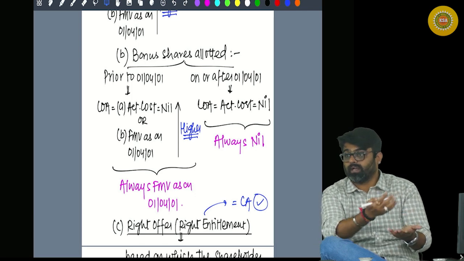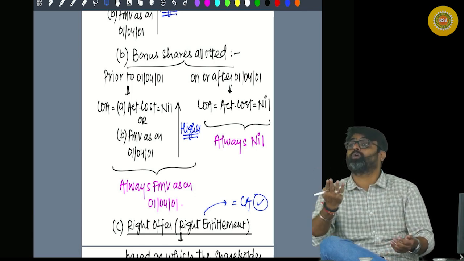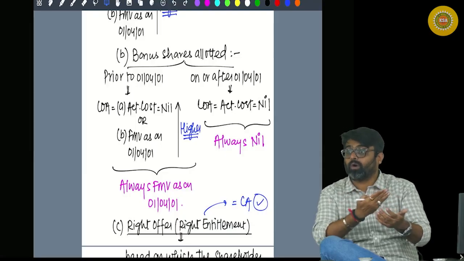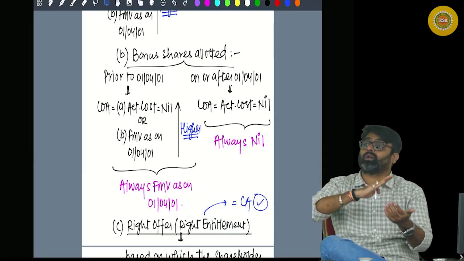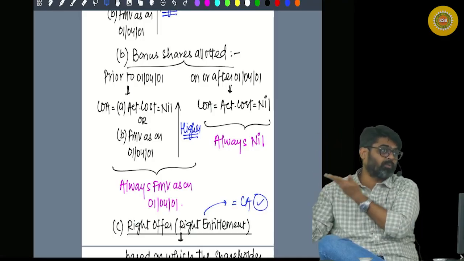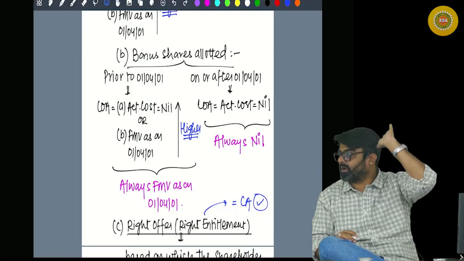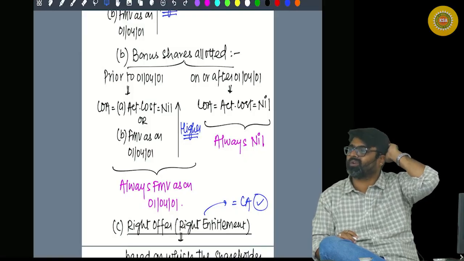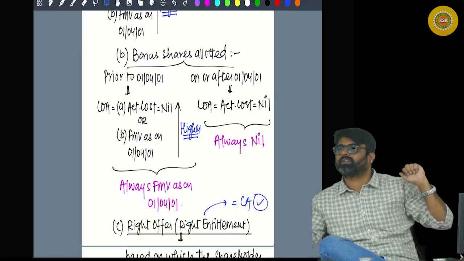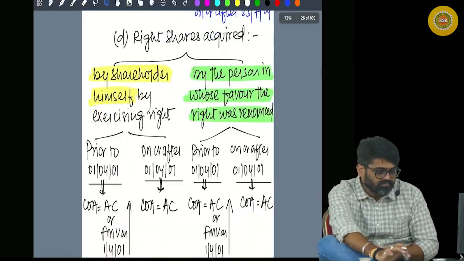Right shares: period of holding is to be taken from the date of allotment. Right offer: period of holding is to be taken from the right offer to the right renouncement. I have already spoken about all these things here, and it is just presented in that table of period of holding. But logically it should be discussed here, so I have discussed it here. Okay. Should I move ahead?